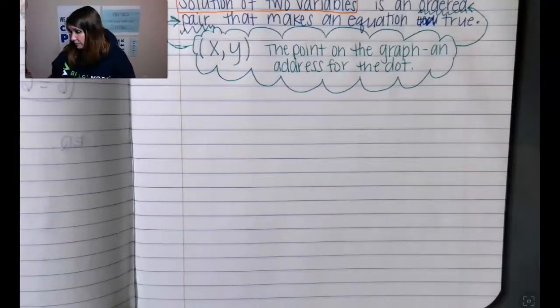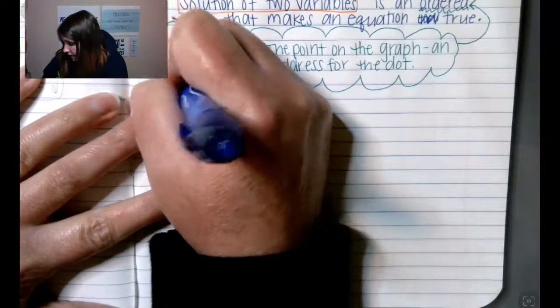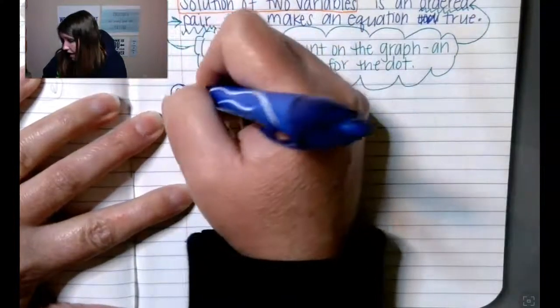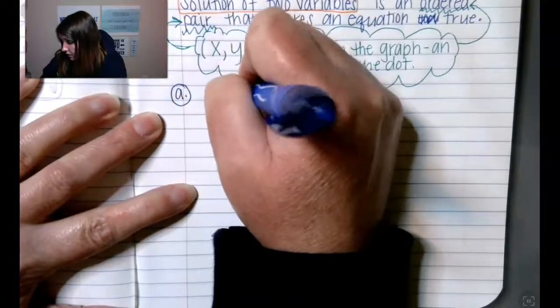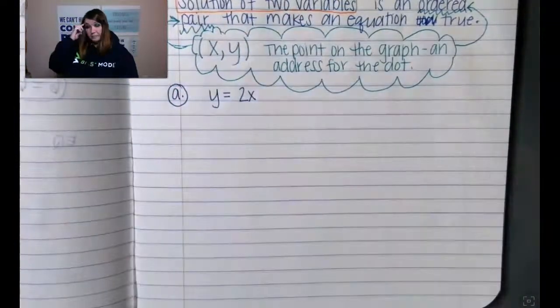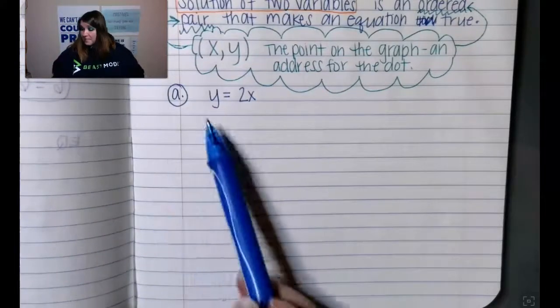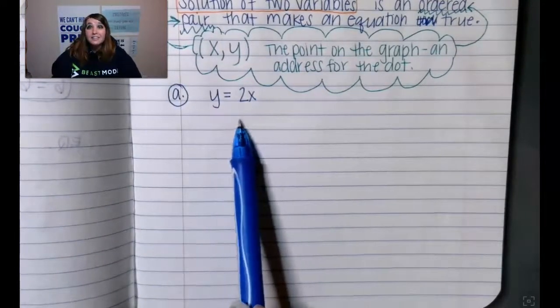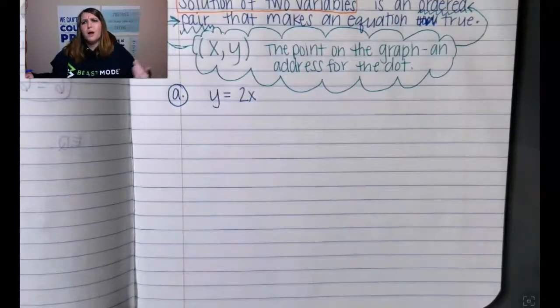Okay, are you ready? Let's look at our first example. Example A. I have something that looks like this: y equals 2x. What? Are you crazy? How am I supposed to solve this? This doesn't even look like a full math problem.